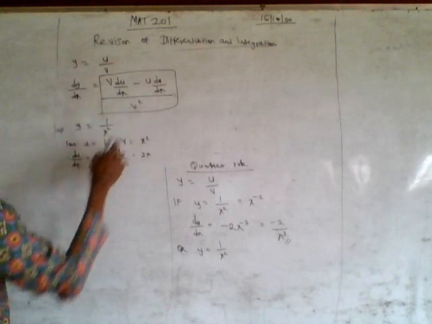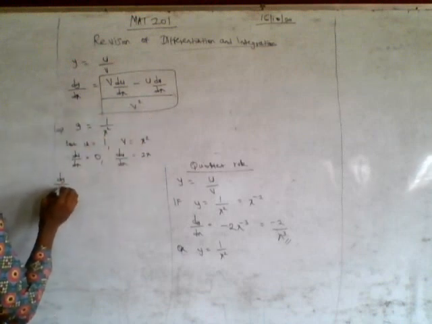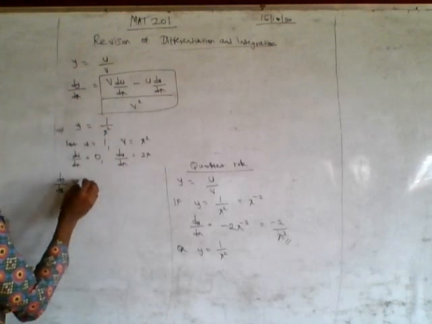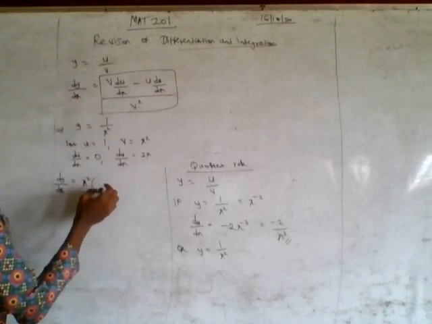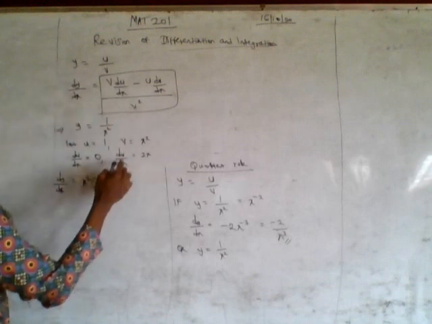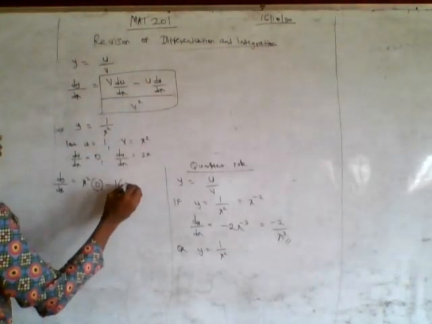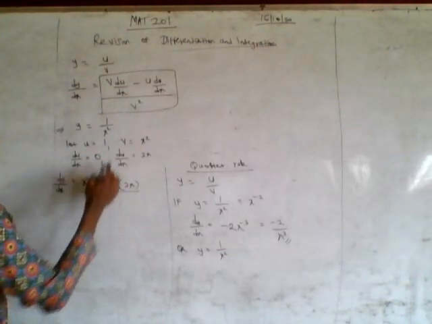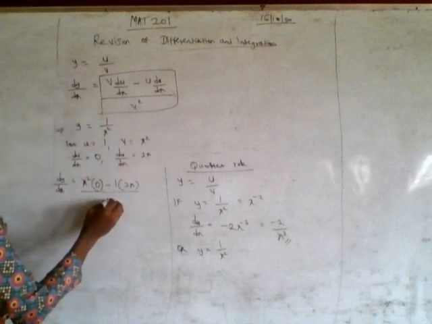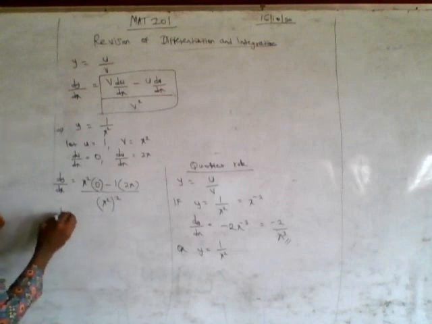If I substitute these into the quotient formula, dy/dx equals v, which is x squared, multiplying du/dx, which is 0, minus u, which is 1, multiplying dv/dx, which is 2x, over v squared, which is x squared all squared.